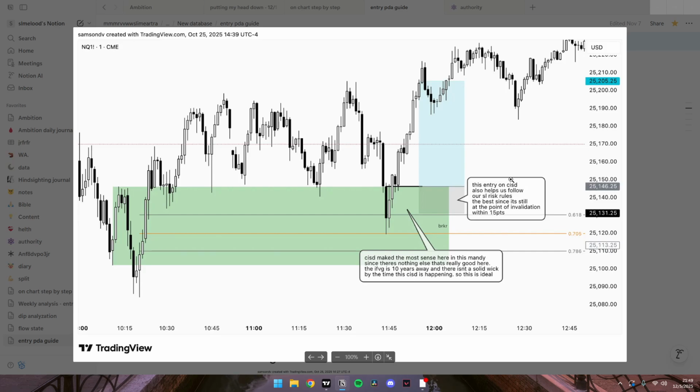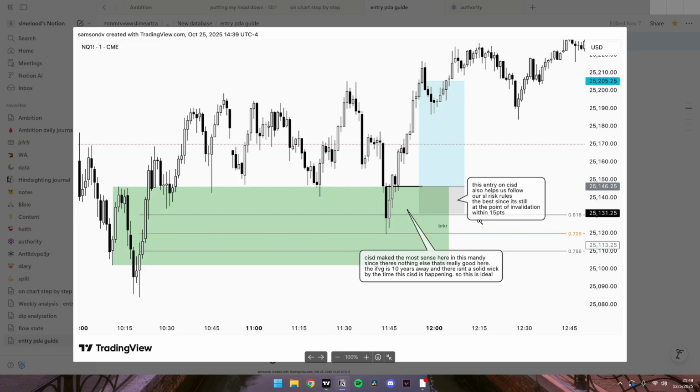My max stop loss points rule, which is so stupid, was 15 points, so I just made it at the 15-point max. I didn't take the trade, by the way, but there is no max stop loss that you need to have. You just always put it at the point of invalidation.